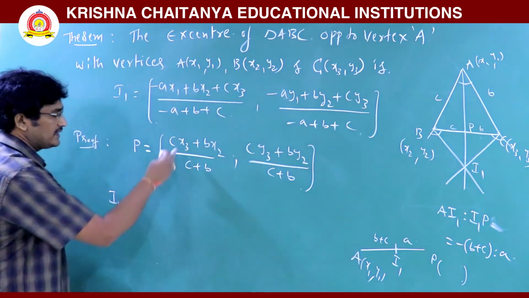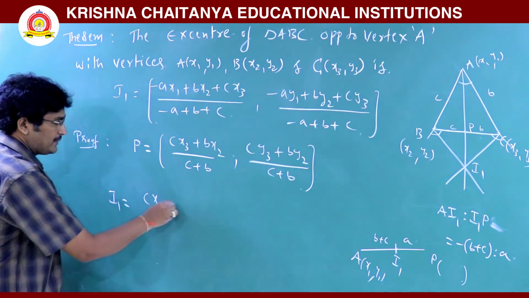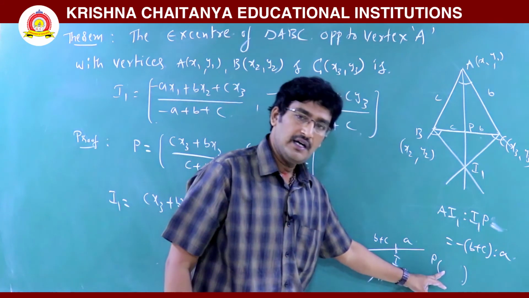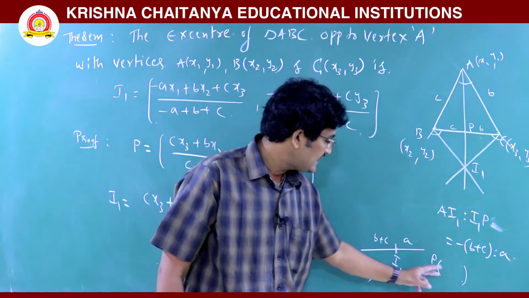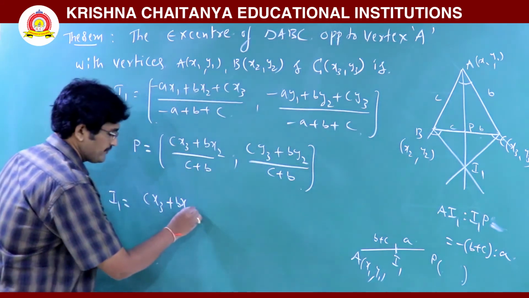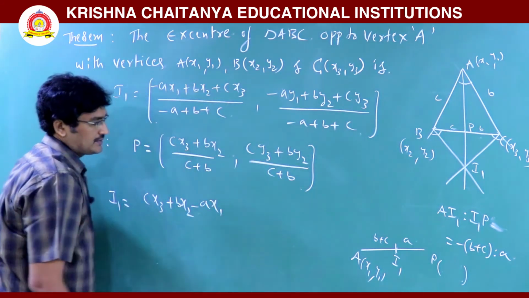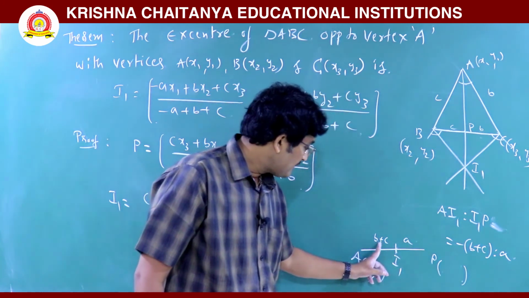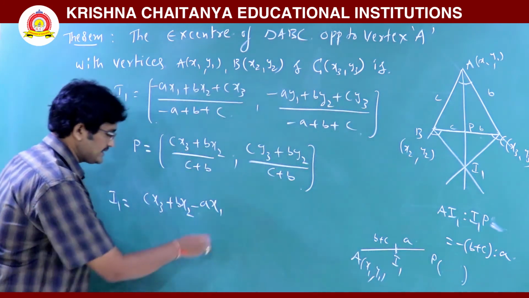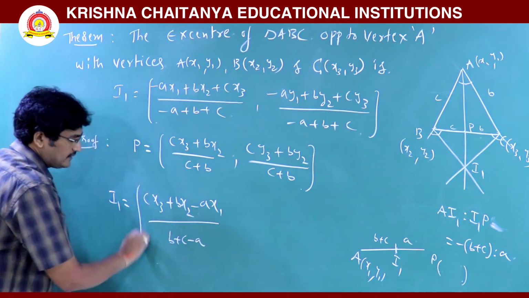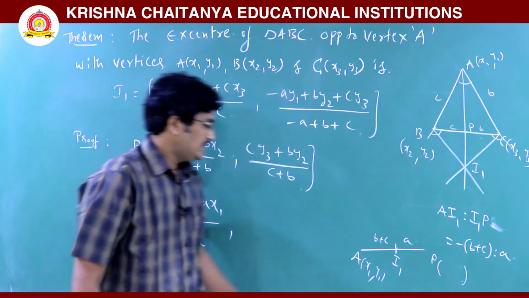Then mx2 is cx3 plus bx2, m into x2, already I wrote. mx2 minus nx1, minus ax1. So, m into x2 minus n into x1 by m minus n, that means B plus C minus A.